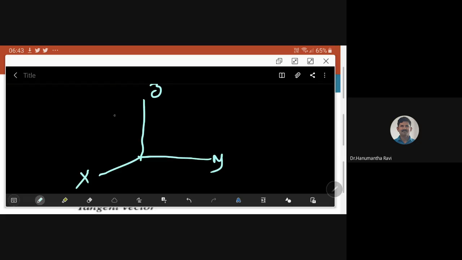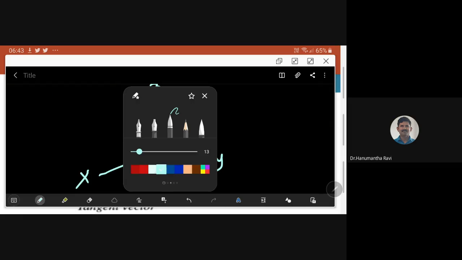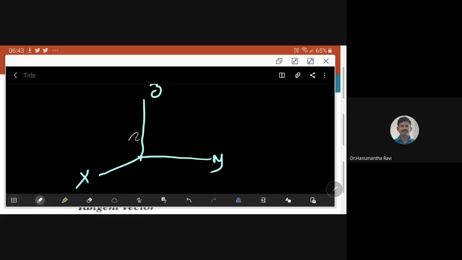If you have a parabola and you rotate it about the z axis, you get a shape like this.